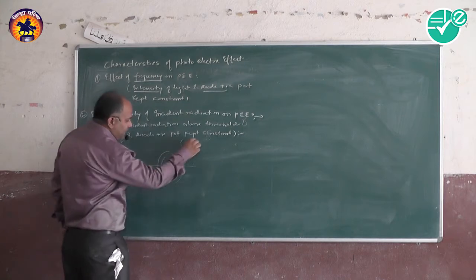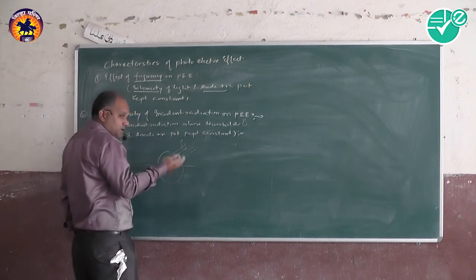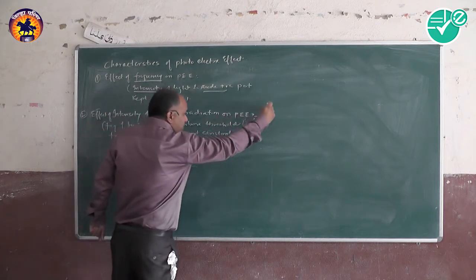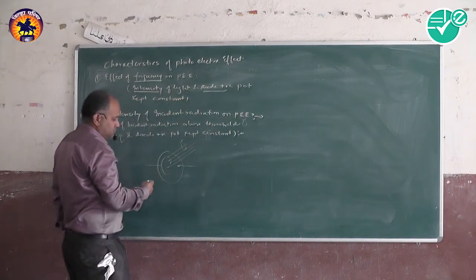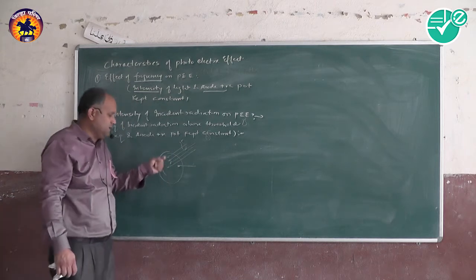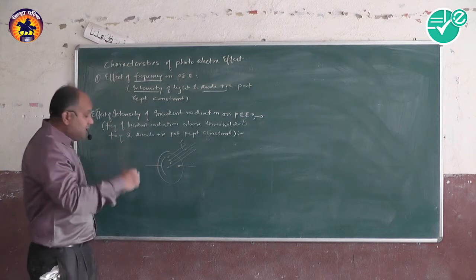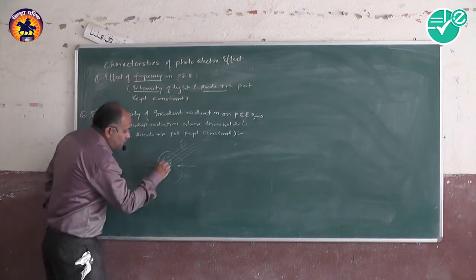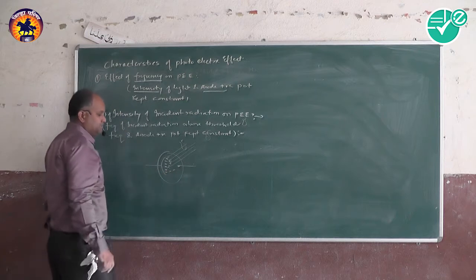The number of rays falling onto the surface of the cathode will keep increasing as I bring the source of light closer and closer. So as the number of radiations falling per unit area onto the cathode surface increases, the number of emitted electrons from the cathode surface also increases.